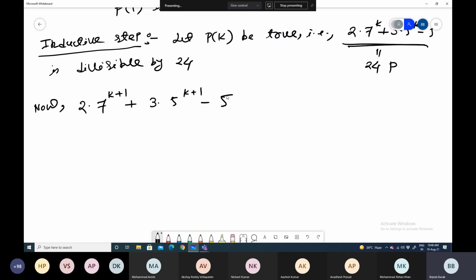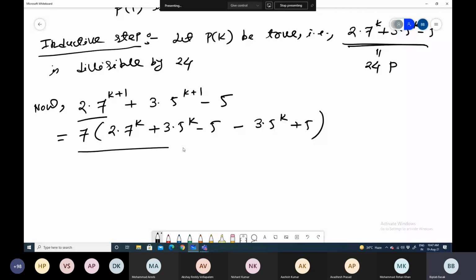Now we have to just manipulate this. We first take 7 common, so it will be 7 into 2 into 7 to the power k. Forcefully we can take plus 3 into 5 to the power k minus 5, and then minus 3 into 5 to the power k plus 5. We can write it this way, and then plus 3 into 5 to the power k+1 minus 5.